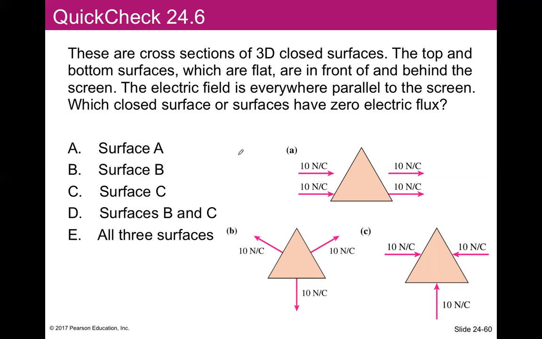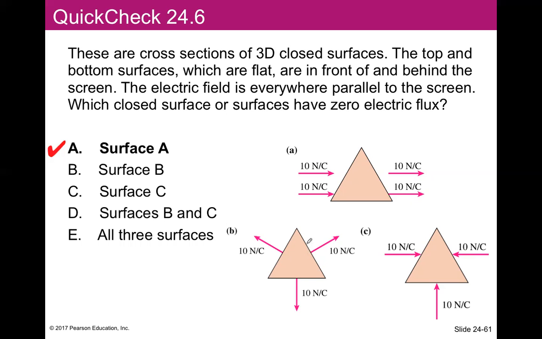So who's going to choose A? Okay, so who is going to select B or C or D or E? Actually, it's A. Let's see.